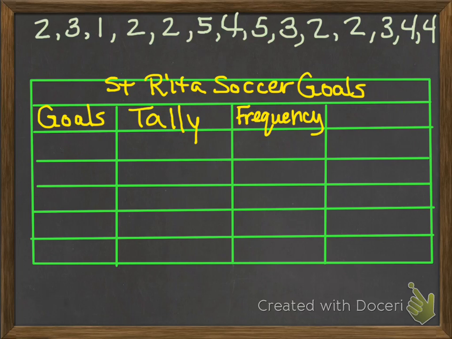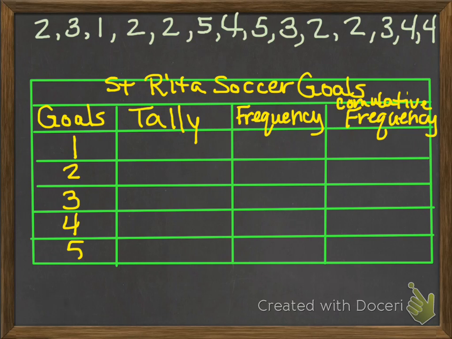And my last column is going to be something called cumulative frequency. Cumulative frequency. And I'll get to that in just a minute. But let's go ahead. We know that our lowest number of goals scored was 1, and our highest was 5.